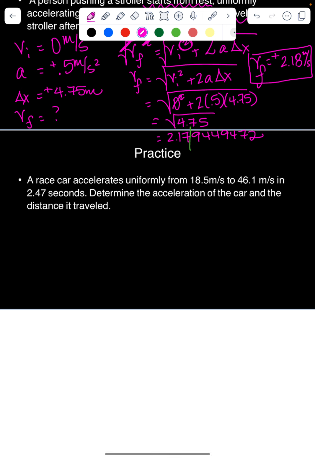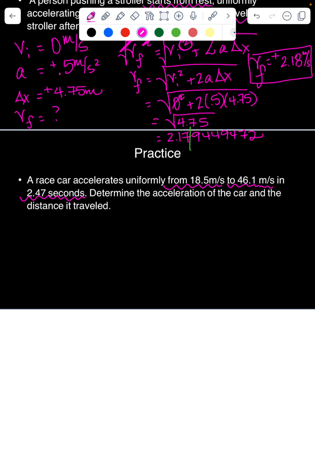All right. So a race car accelerates uniformly from 18.5 meters per second to 46.1 meters per second in 2.47 seconds. All right, so let's go ahead. Those are our givens. So let's go ahead and write those down.